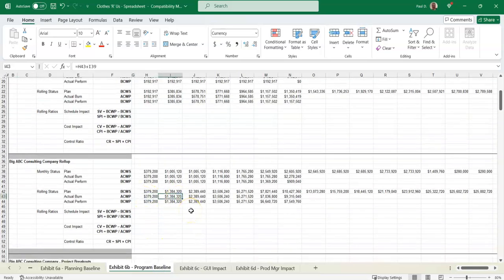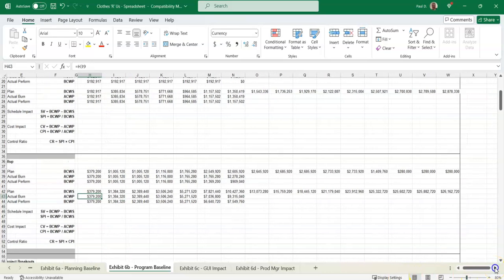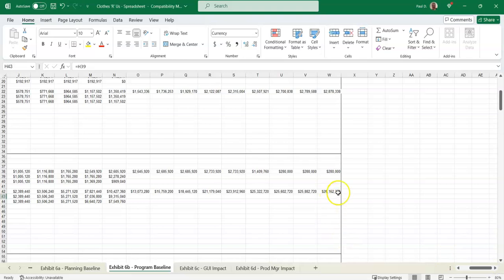And then there's the monthly status, of course, which are the numbers provided by finance, and then the rolling status, which are just calculations based on those. And then you can see the budget at completion for the consulting company is 26.162 million.